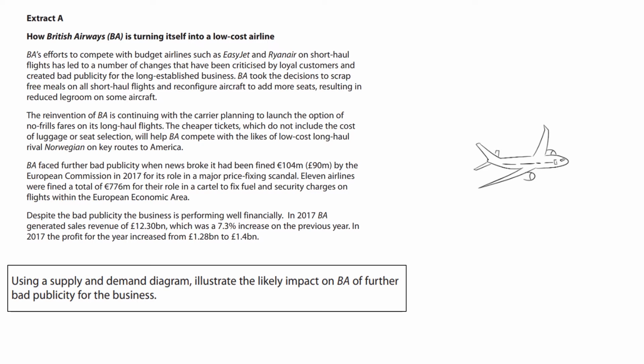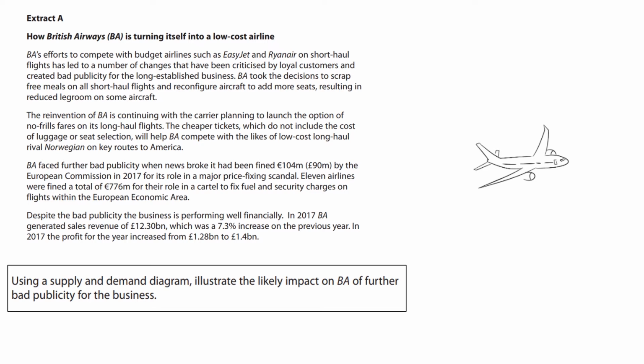BA faced further bad publicity when news broke it had been fined €104 million by the European Commission in 2017 for its role in a major price-fixing scandal. 11 airlines were fined a total of €776 million for their role in a cartel to fix fuel and security charges on flights within the European Economic Area.